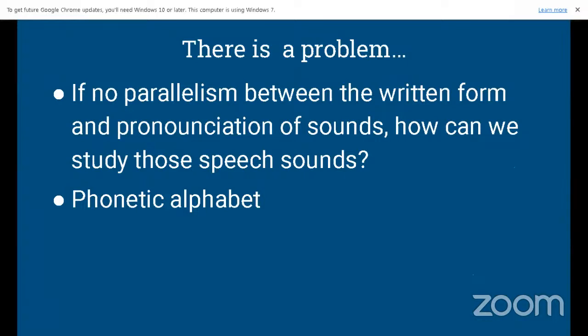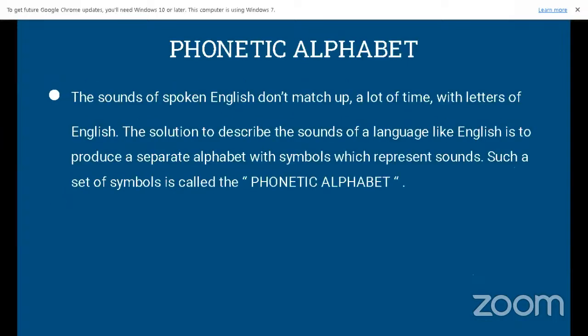So for this, then what are we supposed to do? Now this is the problem: we are unable to sync the pronunciation with the written form, right? So the sounds of spoken English don't match up a lot of the time with the letters of English. So the solution to describe the sounds of a language like English is to produce a separate alphabet with symbols which represent sounds.